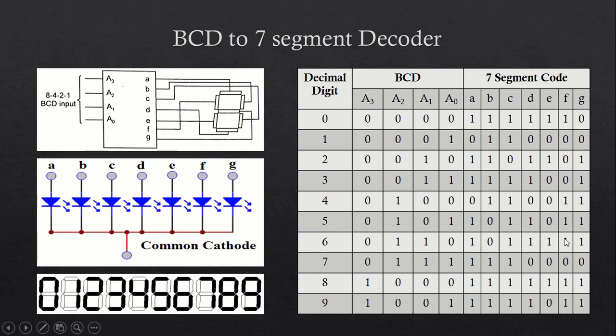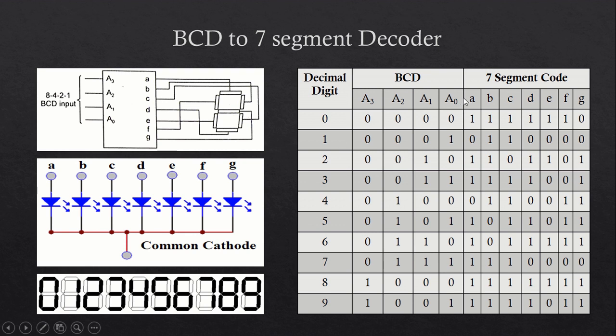A, B, C should be 1 for 7. All 7 segments should be 1 for 8. And A, B, C, D, F, G should be 1 for 9.